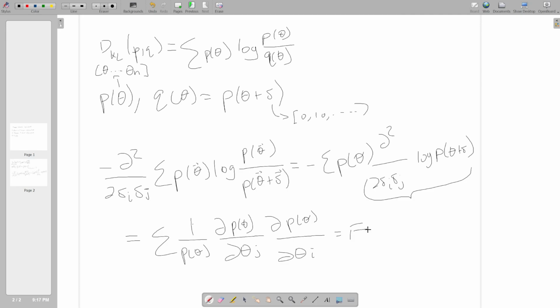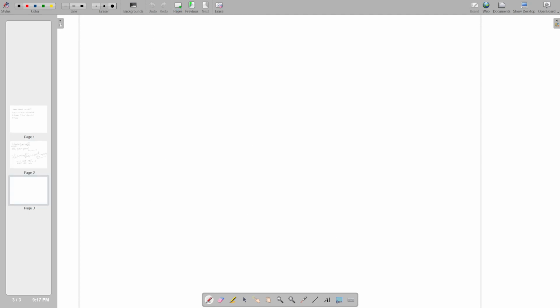Now the classical Fisher information probably aligns with what you've seen before. If you've never seen Fisher information before, this is all going to be too much, but you might have seen the following expression before for Fisher information. That is the expected value of the gradient log p of theta times the gradient log p of theta transpose.